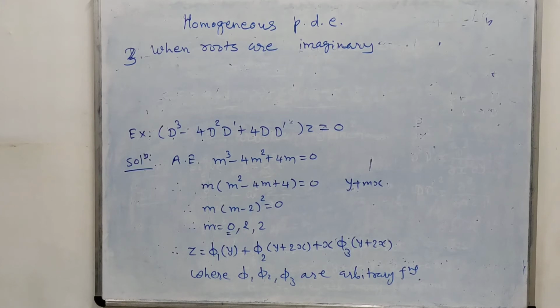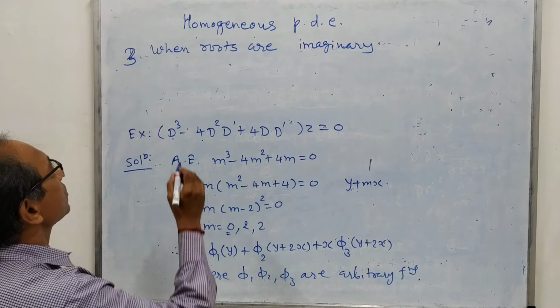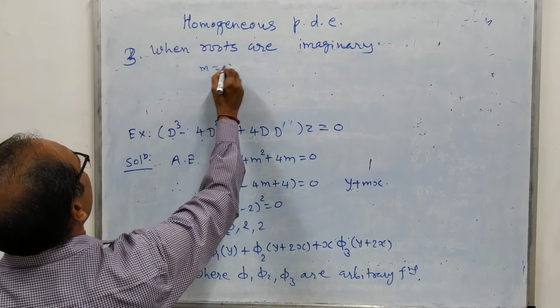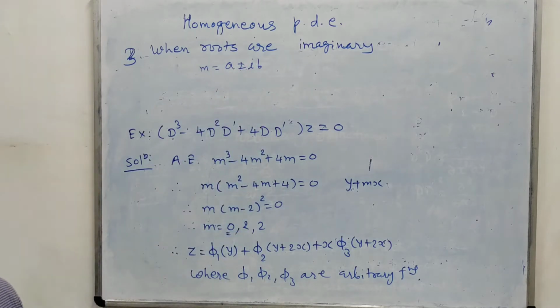And this solution may appear in this form. Suppose one root is there, it is of the form a plus or minus ib, and I told you that imaginary roots always occur in pairs, a plus ib and a minus ib.